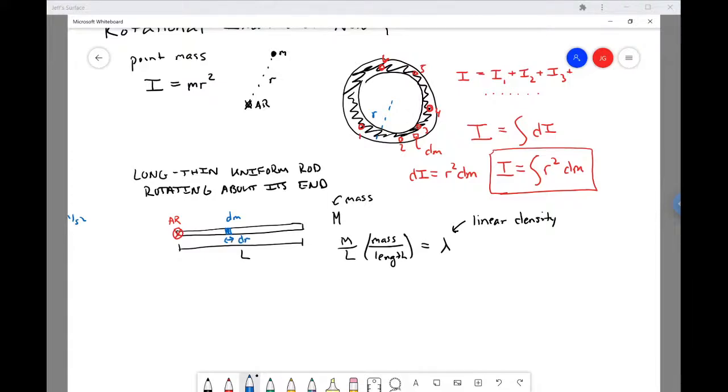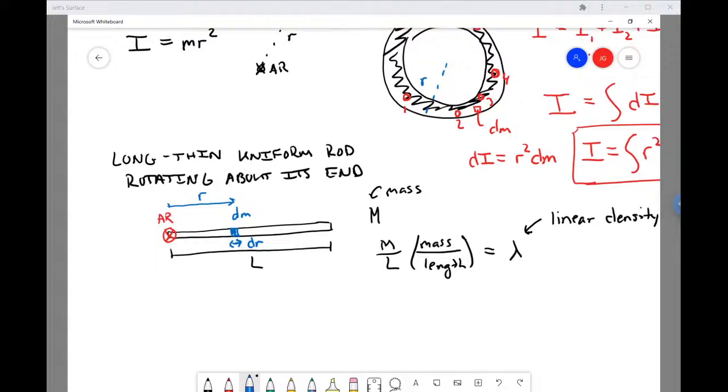So it has a little tiny width, dr, and positionally it's at some distance r from the axis of rotation. Okay, so there's a little tiny chunk of mass, and then there's a bunch of them. There's an infinite number of them all along the length of this long uniform rod.